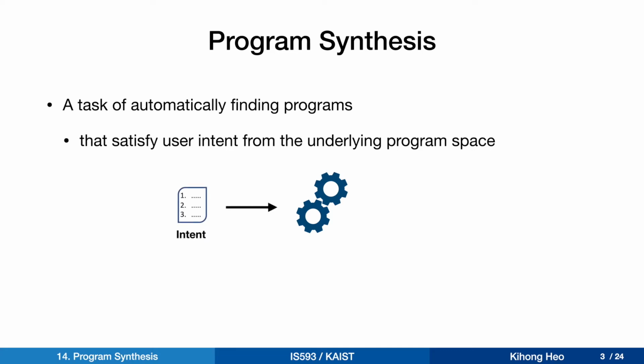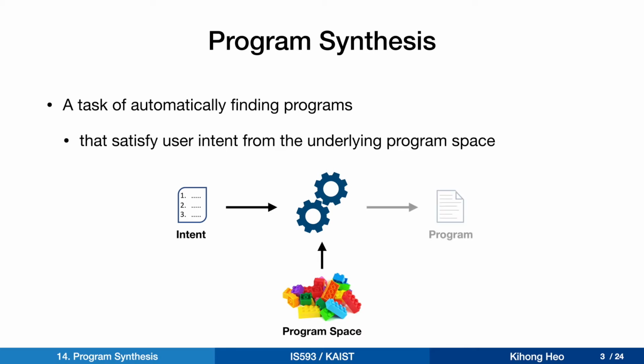There are many ways to provide user intent, but we will see some forms in this lecture. Given the user intent, the synthesizer will search for a program through a given program space, and it will give a solution if it finds a desired one that satisfies the user's intent. That is the whole process of program synthesis.